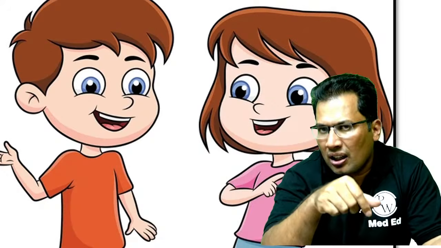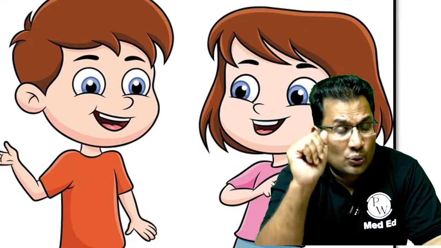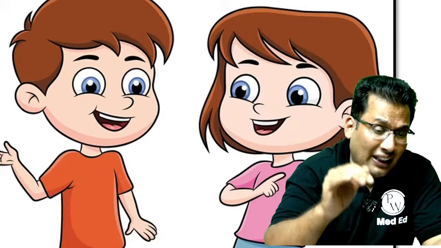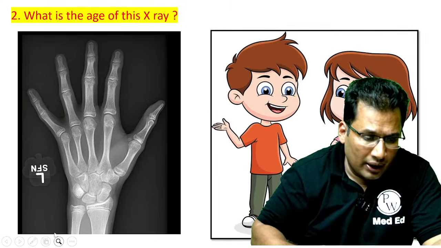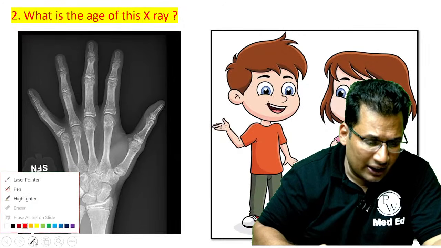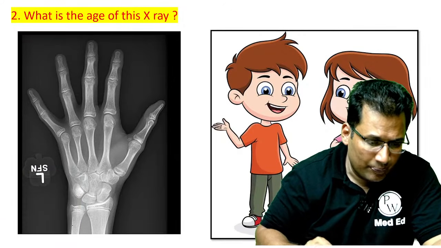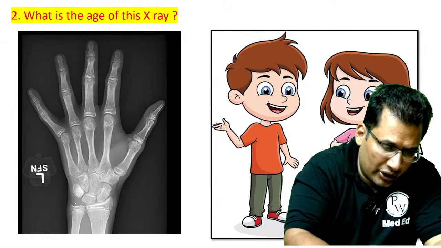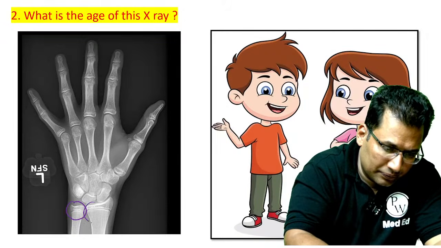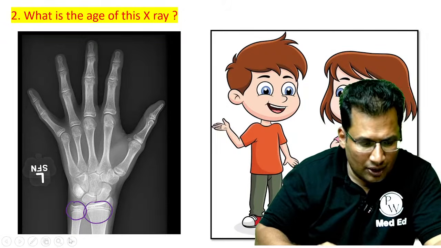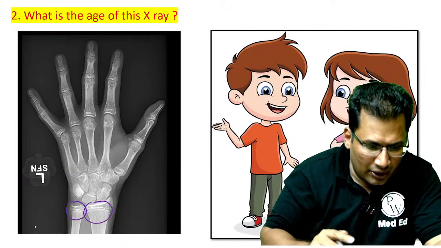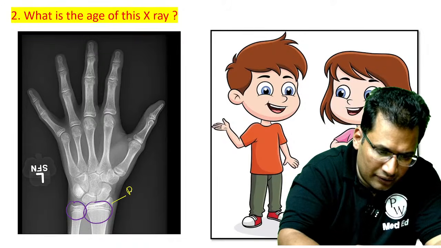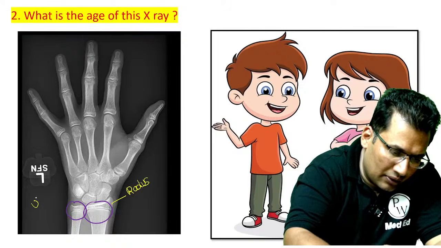Now the question here is age. There is no other card, there is no birth certificate. So now the victim was sent to the forensic department. In the forensic department, the X-ray given is a wrist X-ray. Look at this. The wrist X-ray is given. What is the age? Can anyone estimate the age? So this is radius. This is ulna.